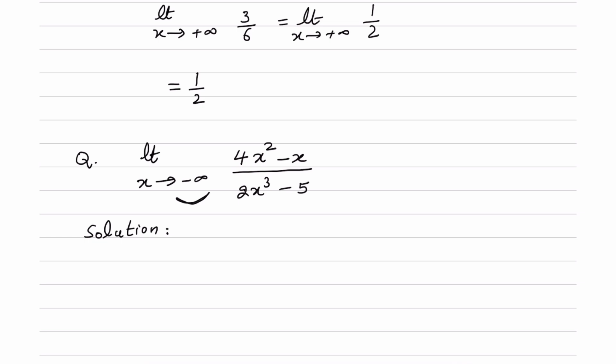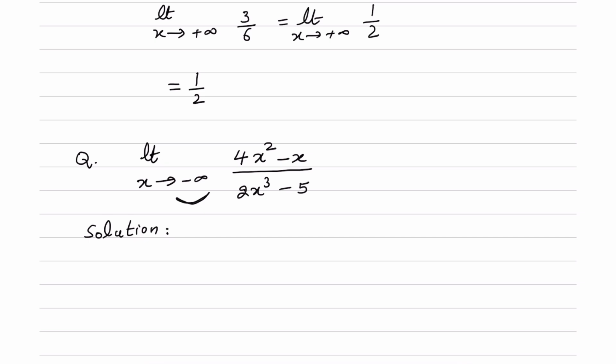If in place of minus infinity we had a number, then we would not attempt this question by this method. This method where we keep the highest degree terms is only applicable when the limit is calculated at infinity or minus infinity.